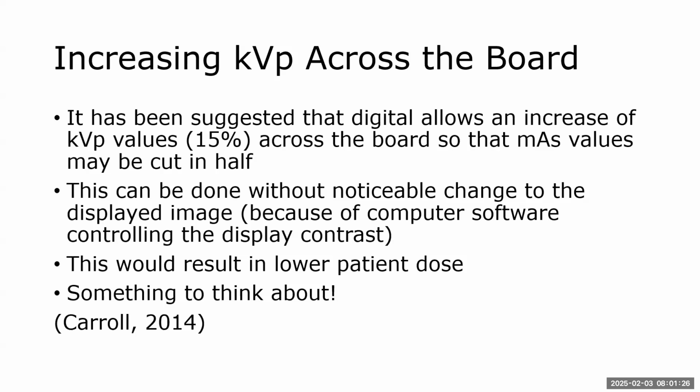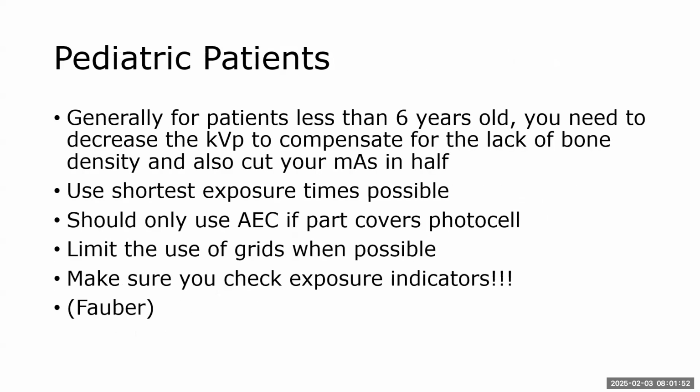Because we don't get the result when we increase kVp 15% with digital that we got with film. We had a noticeable difference in contrast when we did that with film, so that's why we were so resistant to doing that. But now you can pretty much see across the board that that's what has happened. We're using much higher kVPs than we used to use when we were using film.